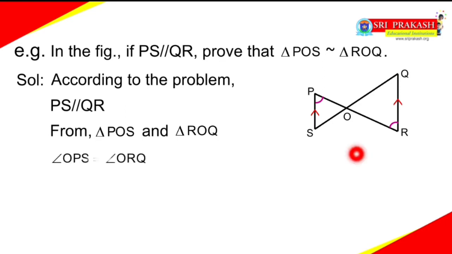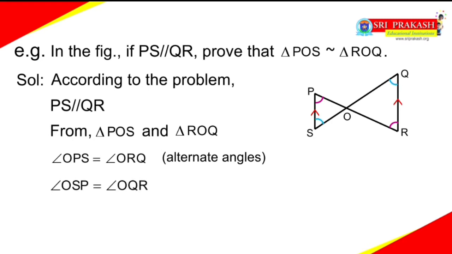angle OPS is equal to angle ORQ, since these are a pair of alternate interior angles for the parallel lines PS and QR. Next, angle OSP is equal to angle OQR.